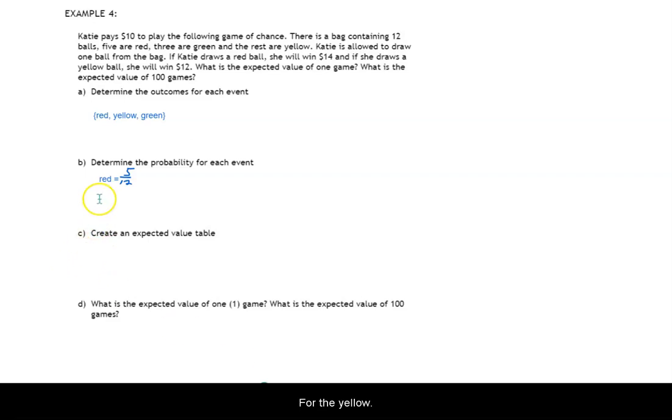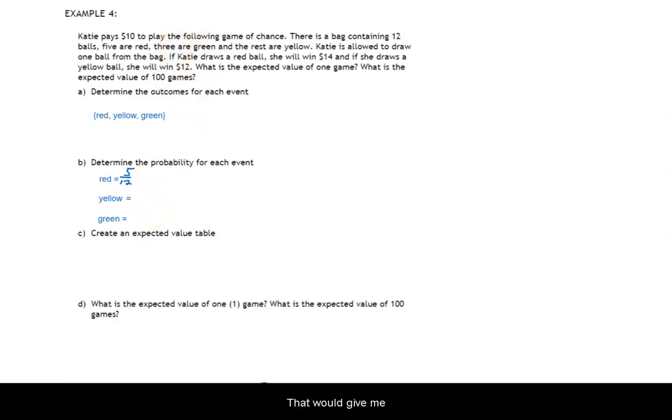For the yellow, that probability, let's see how many yellow there were. Oh, this says the rest are yellow. Let me go ahead and do the green then. The green, there are 3.